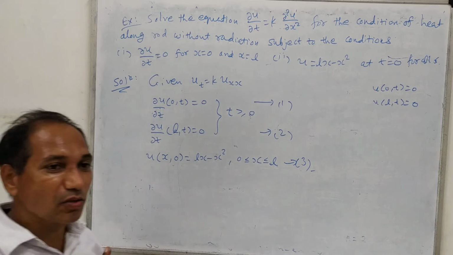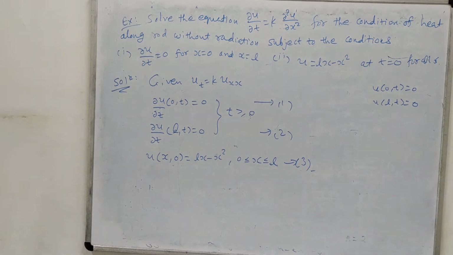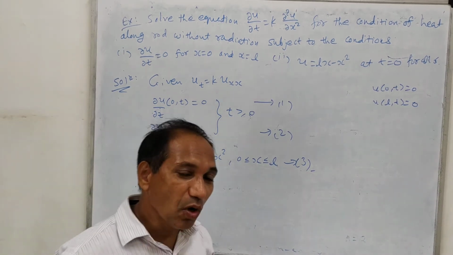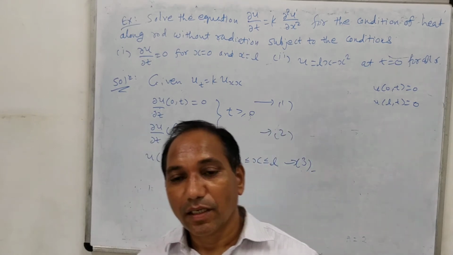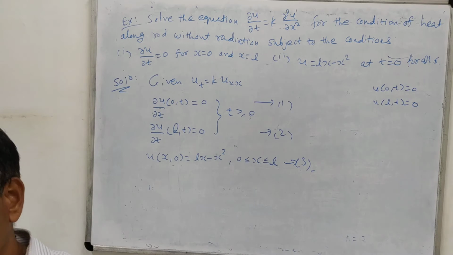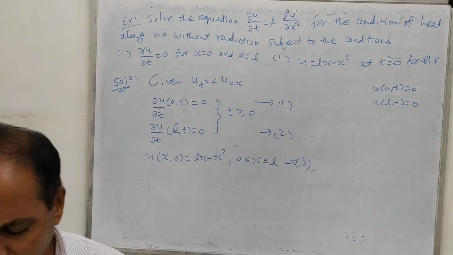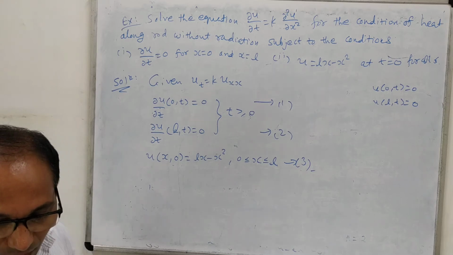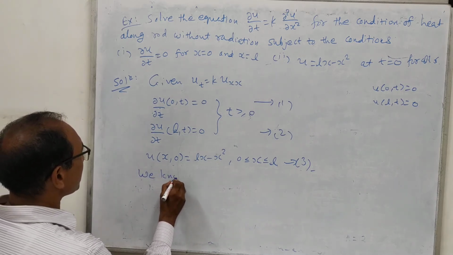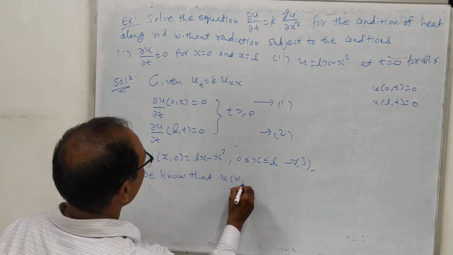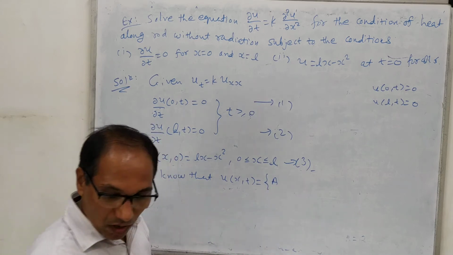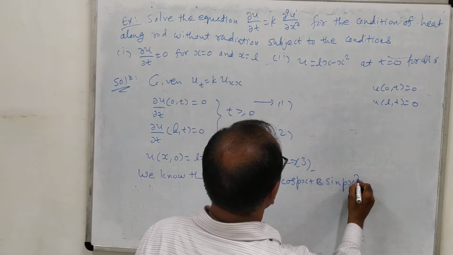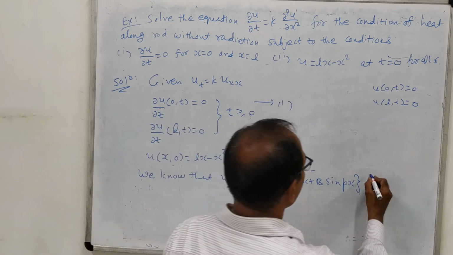So here we cannot use the final solution of the theoretical part directly. During the explanation of the theory, I told you to remember the solution we arrived at before applying the conditions. That solution is u x comma t equal to a cos px plus b sin px, into e raised to minus c square p square t.